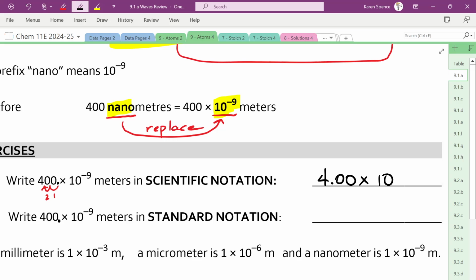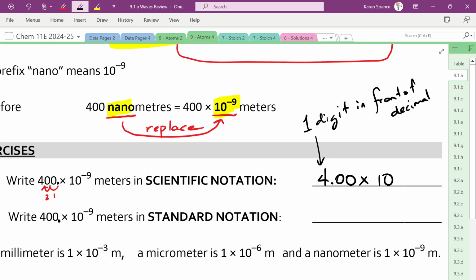So to get into scientific notation, you need to have how many numbers in front of the decimal? Just 1 in front of the decimal. Okay, so 1 digit in front of the decimal. I should say 1 non-zero digit, but I think at this point that goes without saying. Fingers crossed.